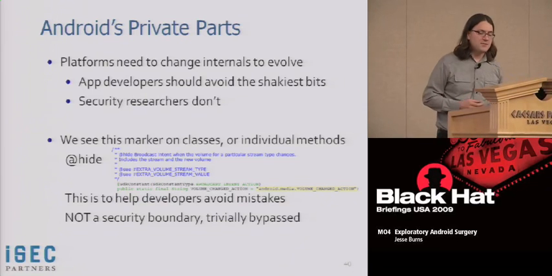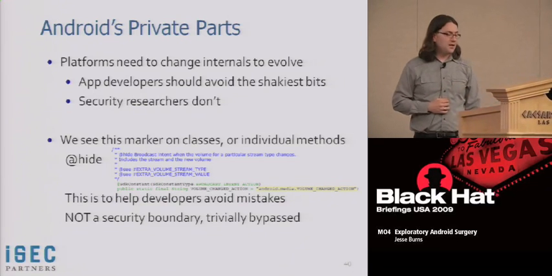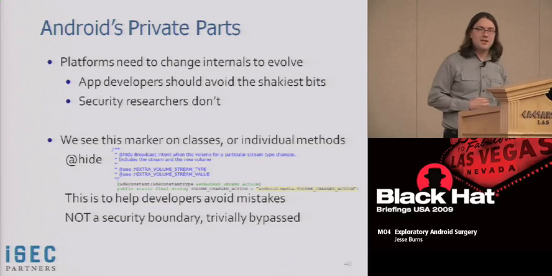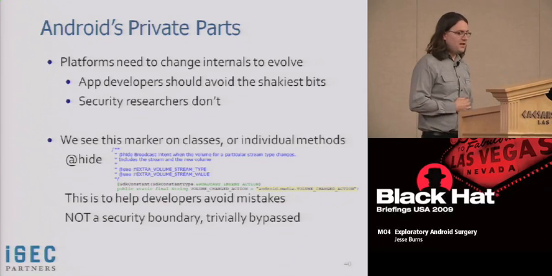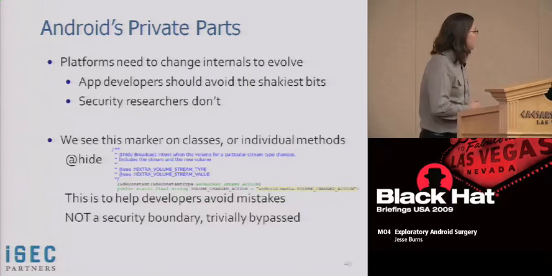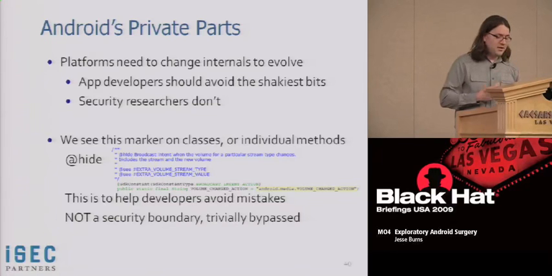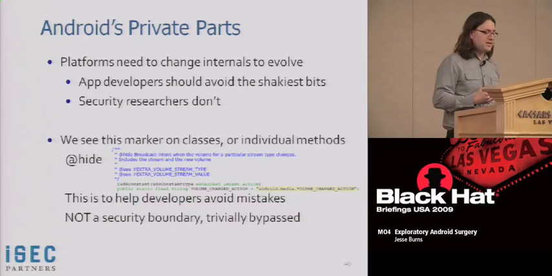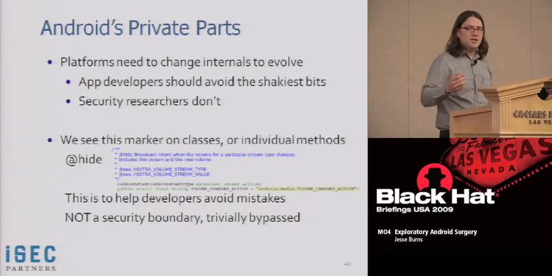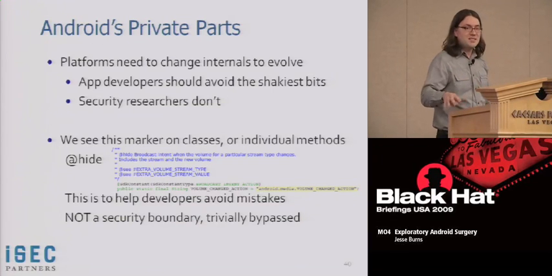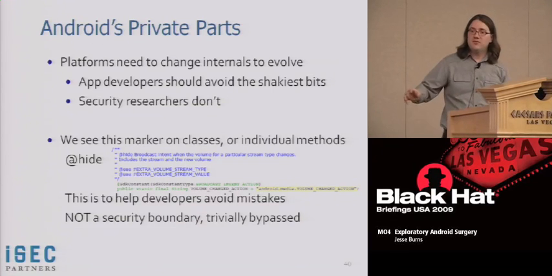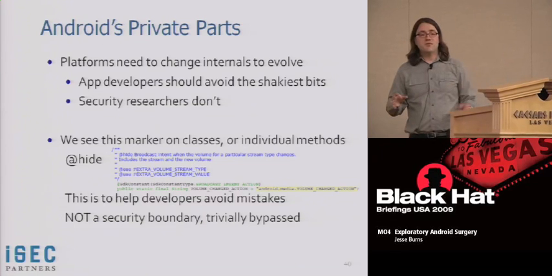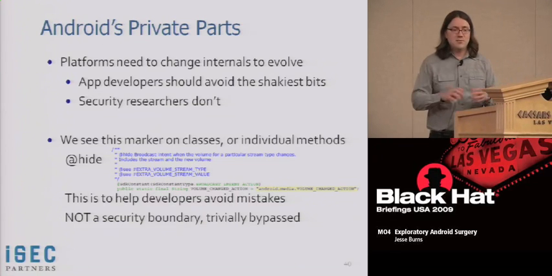So there's about 1,000 hidden classes and methods in Cupcake. The code is sometimes more hackish than that nicely polished SDK. And there isn't a conspiracy going on that I know about, but this is really there to make it so that developers don't accidentally link against the shakiest bits of the platform. As the platform evolves, recently they've added support for input devices, input mechanisms.